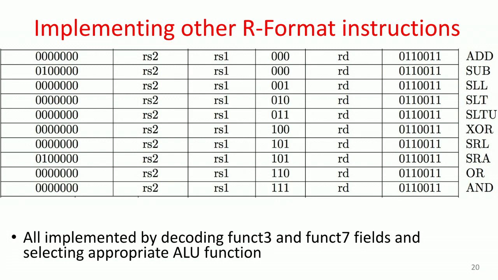The only difference now is that we have a more complicated ALU control. We need an ALU that can perform not just add and subtract, but shift left logical, set less than, set less than unsigned, XOR, shift right logical, shift right arithmetic, or an and.